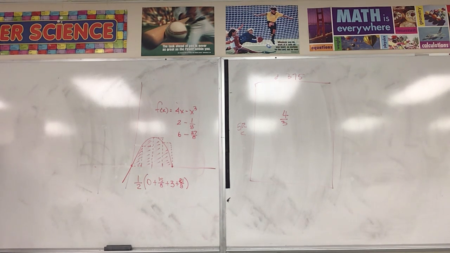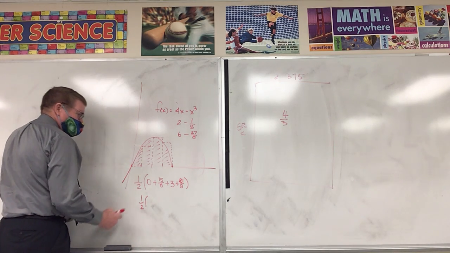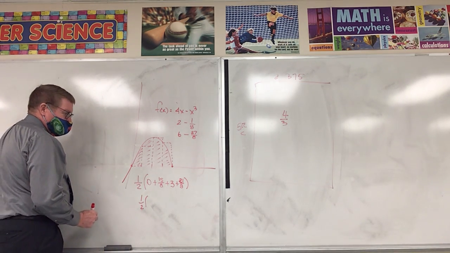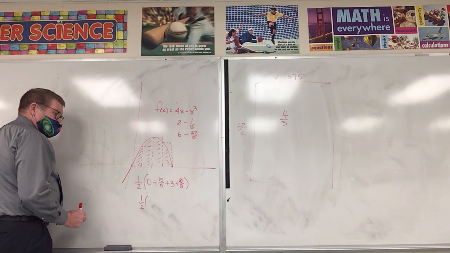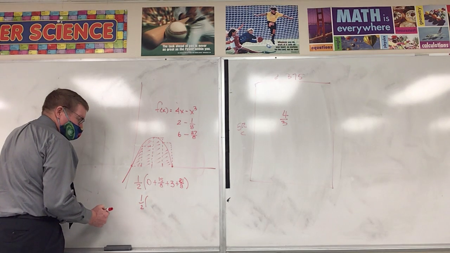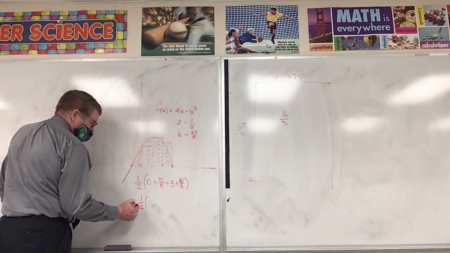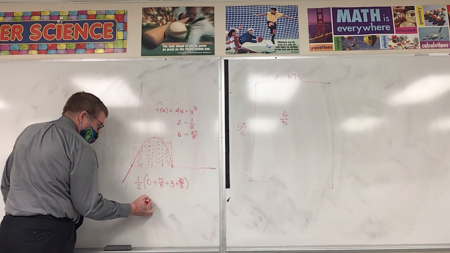Okay? So now we get 1/2 times 15 over 8 plus 3 plus 21 over 8. 15 and 21 is 36 divided by 8, which is 9 over 2.